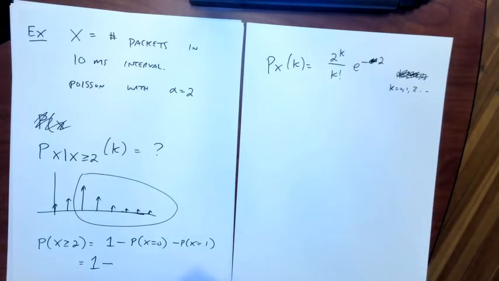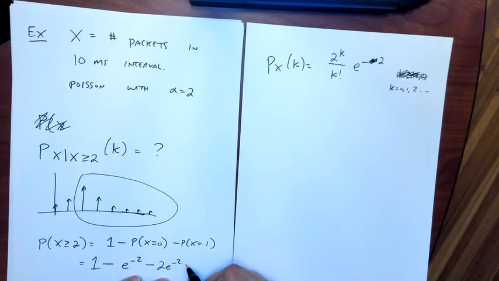The probability I get 0 is 2 to the 0 over 0 factorial, so I just get e to the minus 2. The probability I get 1, if I plug 1 into that equation, I get 2 e to the minus 2. So it's 1 minus 3 e to the minus 2. That's the denominator of what I need.